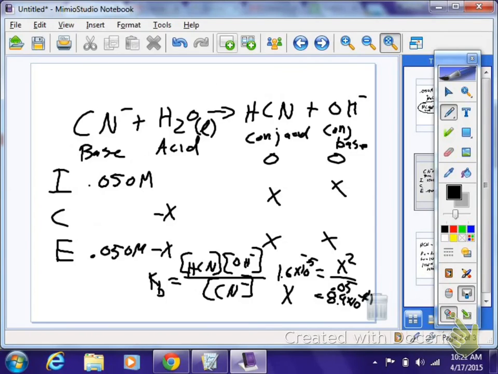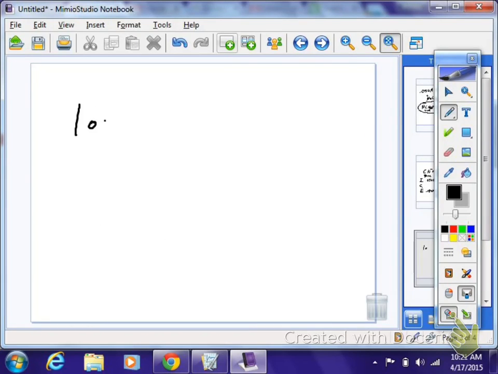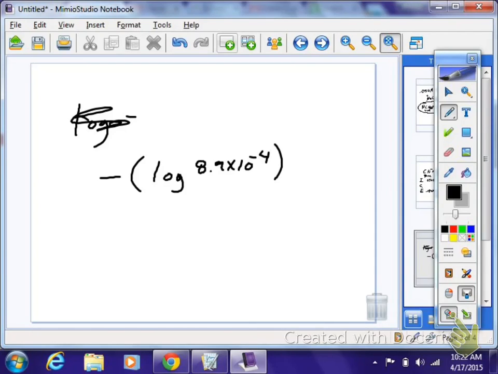So I've got x is equal to, so x would be OH ions. So if I take minus the log of that number, which is 8.9 to the minus fourth, I'm going to get the pOH.